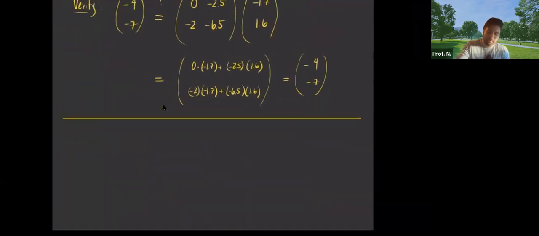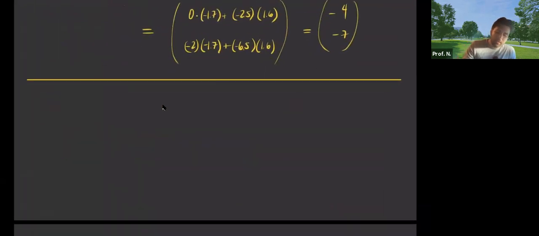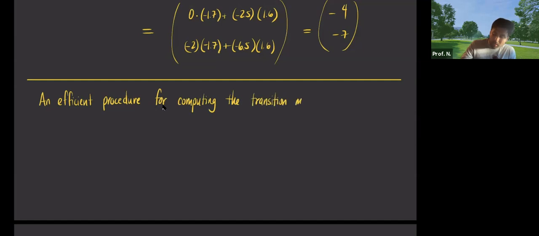It's very interesting. So a more efficient procedure for computing the transition matrix P from B to B prime.